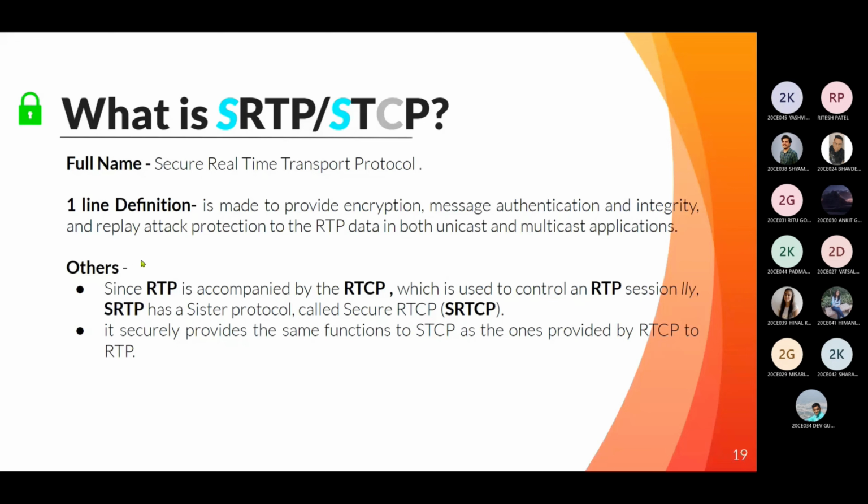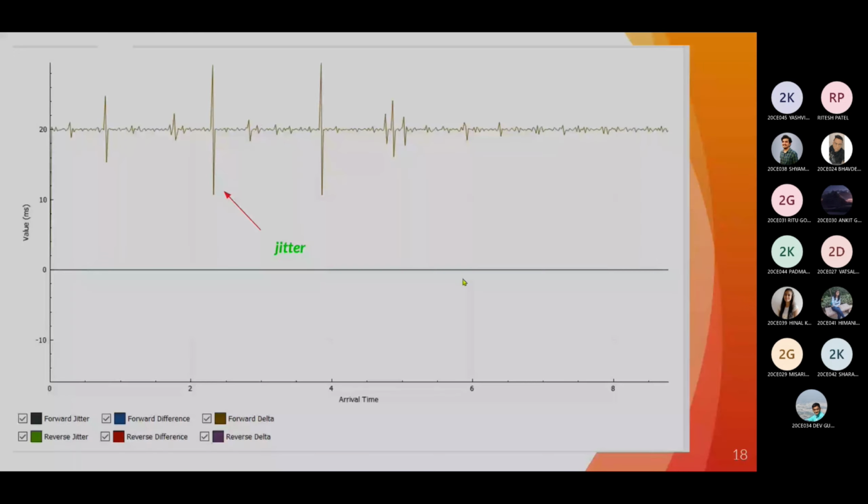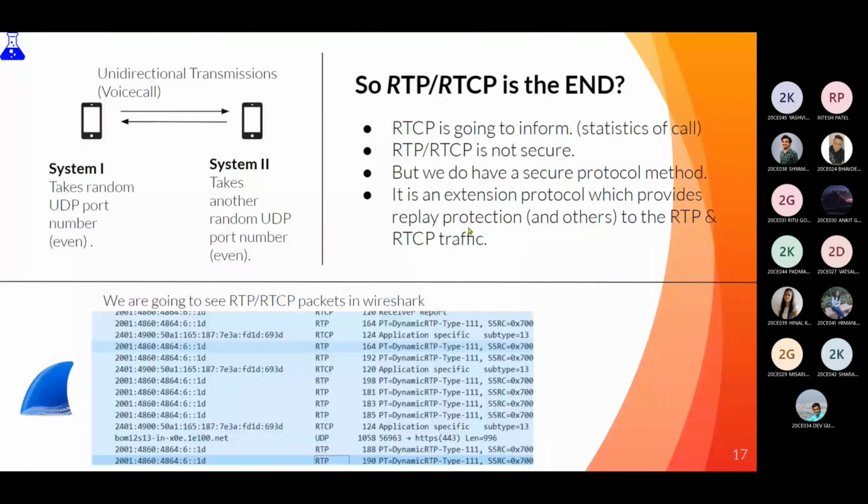Some facts about SRTP: since RTP is accompanied by RTCP, which is used to control the RTP session, similarly SRTP has a sister protocol called Secure RTCP, that is SRTCP. So now you can understand why RTP and RTCP are sister protocols of each other.